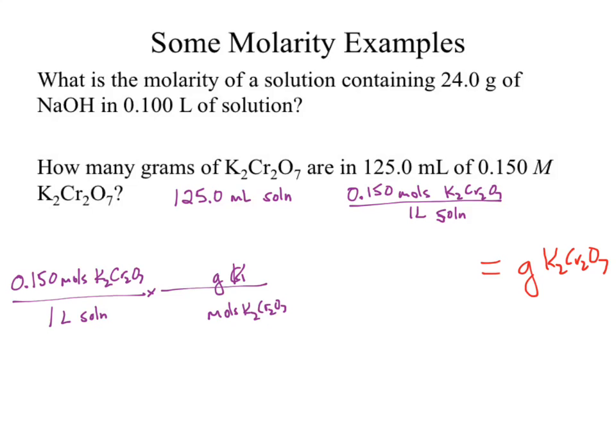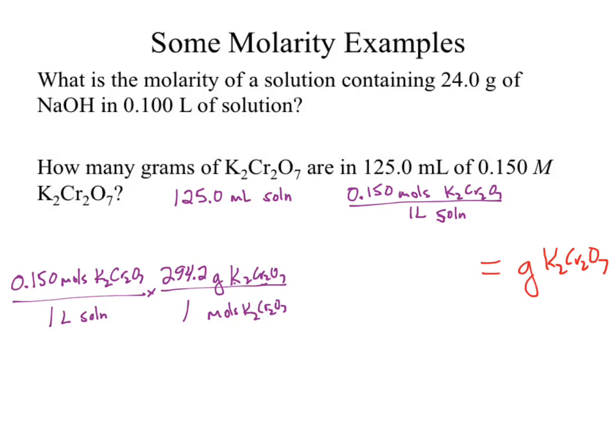I can pull up the periodic table, add up the molecular weights of those compounds, and get that relationship. That relationship is 294. Thank you. Did I hear a 0.24? Okay, let's just do 0.2 per 1 mole of potassium dichromate.